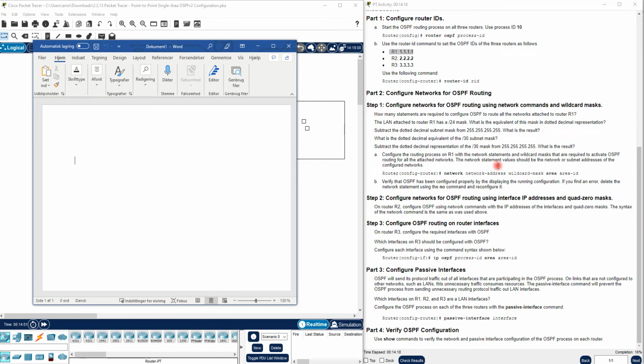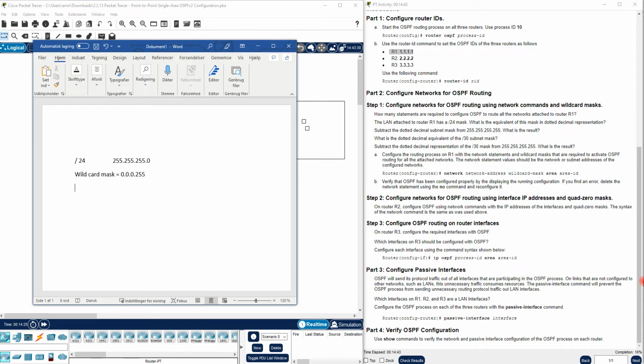The first one is /24. The subnet mask is here, and the wildcard mask is 0.0.0.255.